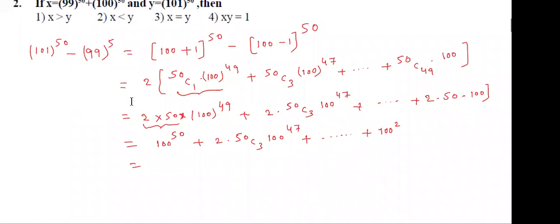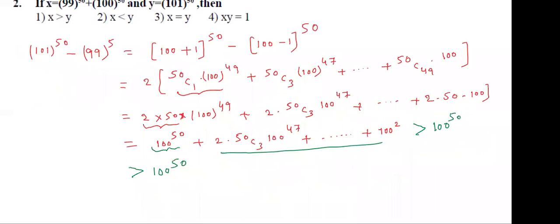How to write? Tell me. This is 100^50 plus some value. That means it is greater than 100^50, or not? It is greater than 100^50 because 100^50 plus some value is there.